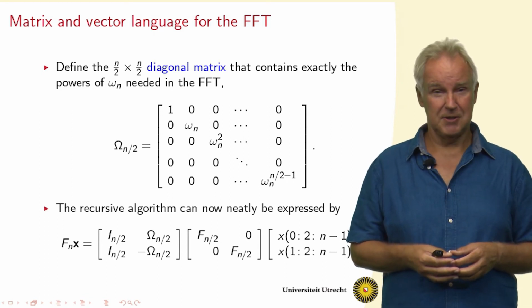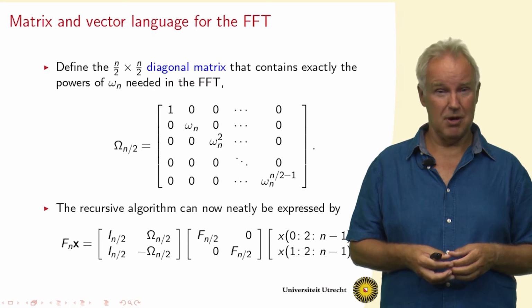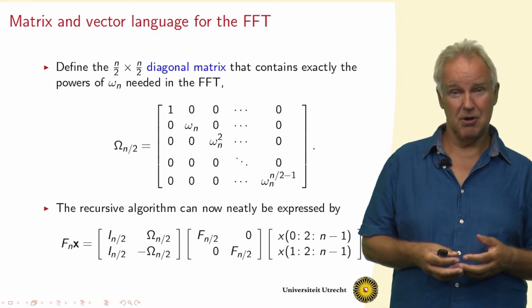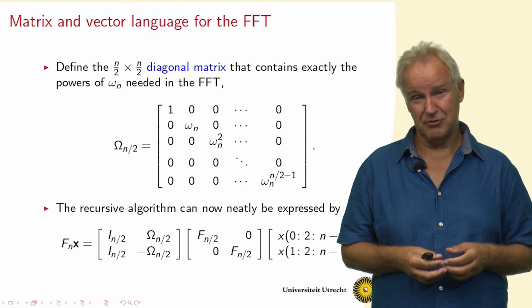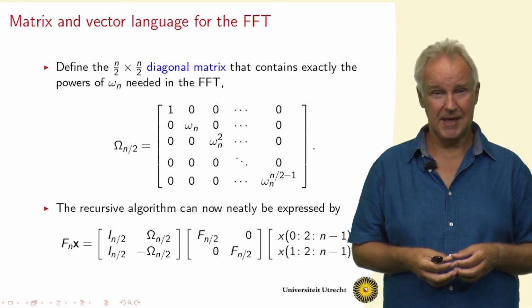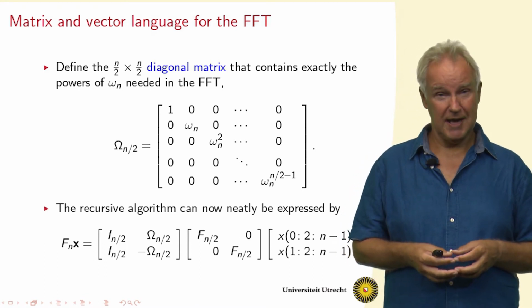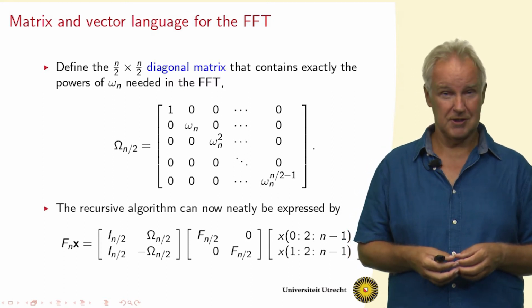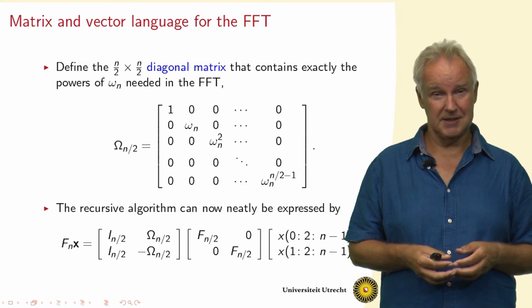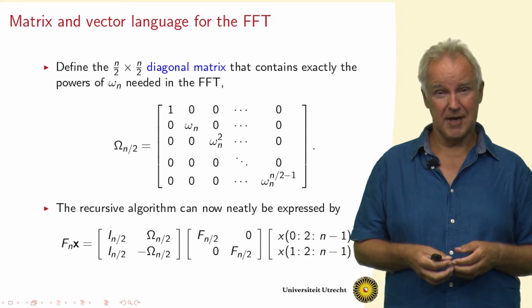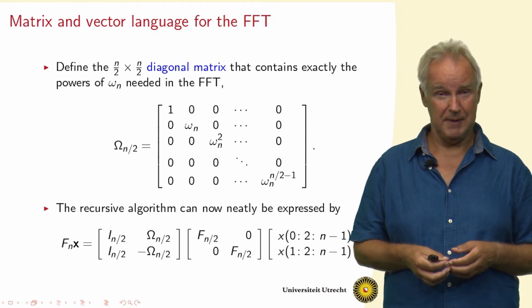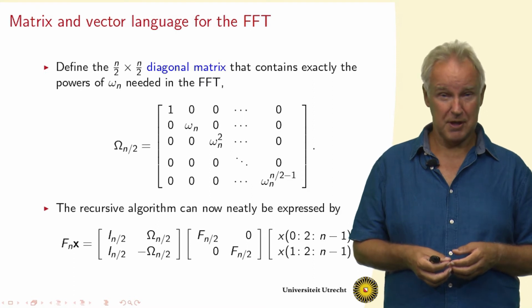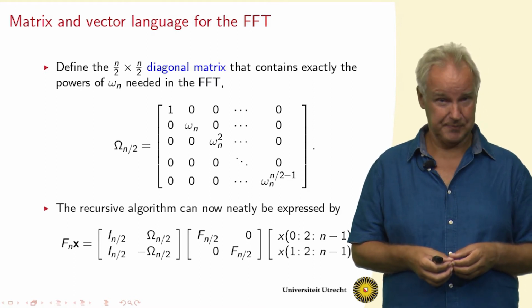So in the middle, you see a diagonal matrix with blocks on the diagonal, and each block is a Fourier matrix itself, but of half the size. And then to the left, you see a matrix which consists of 4 blocks. On the left, you have identity blocks, and on the right, you have this diagonal matrix omega, once with a plus and once with a minus sign.